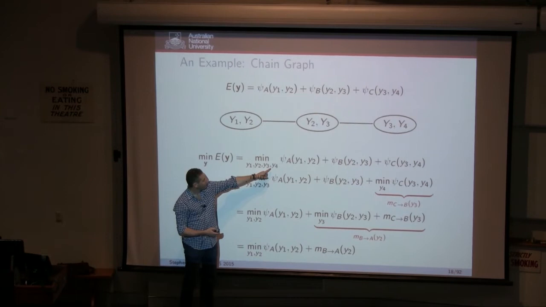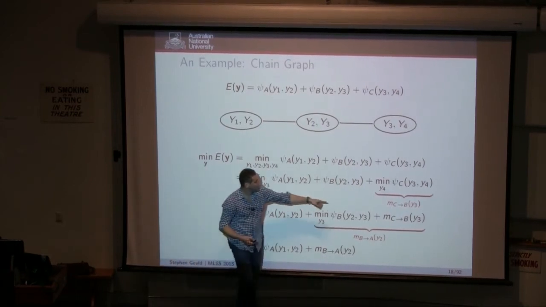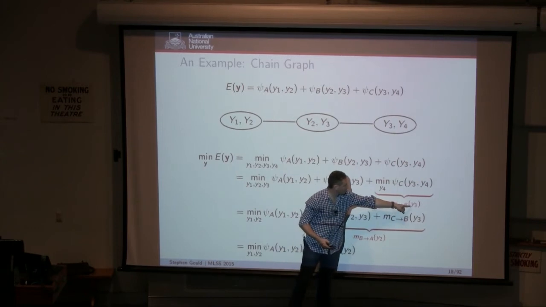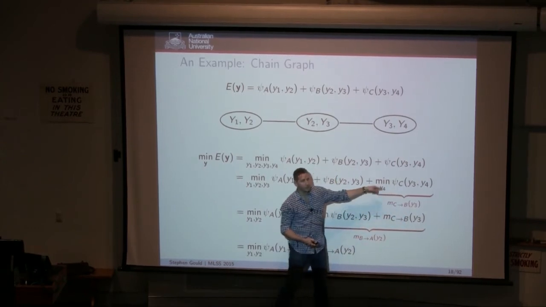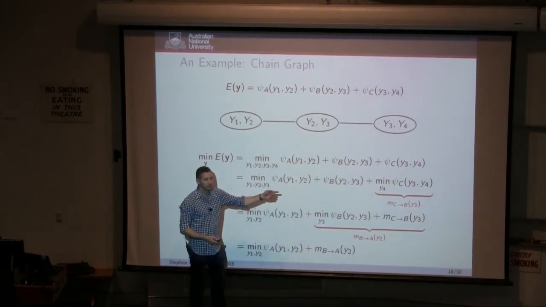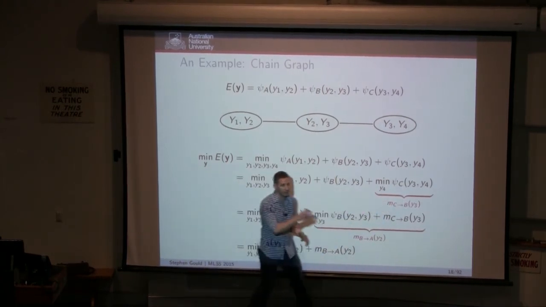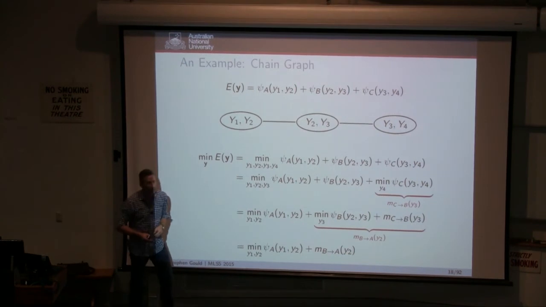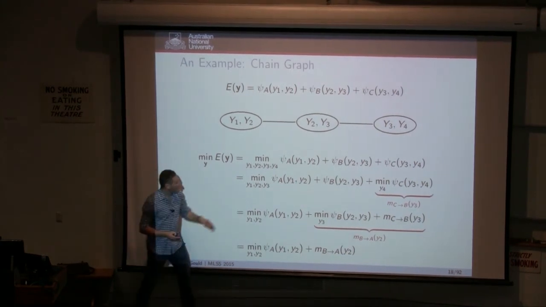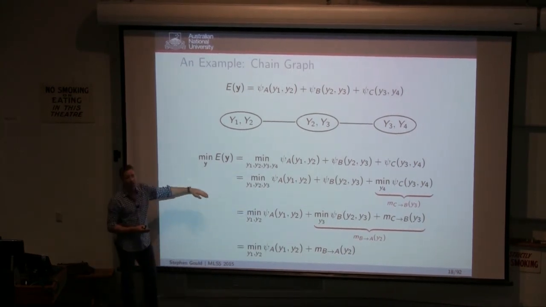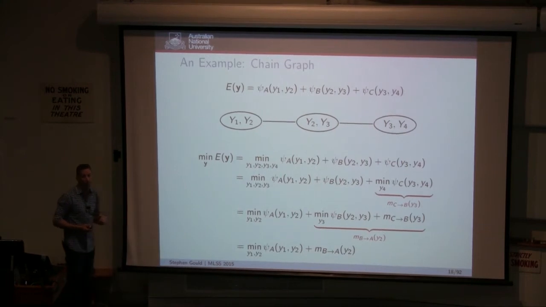In order to do that, all I really need to do is, for every value of Y3, know what the minimizing assignment of Y4 is. That gives me a function over Y3 alone. It eliminates Y4 completely from the problem. And then I can just iterate, and only search over Y1, Y2, and Y3.